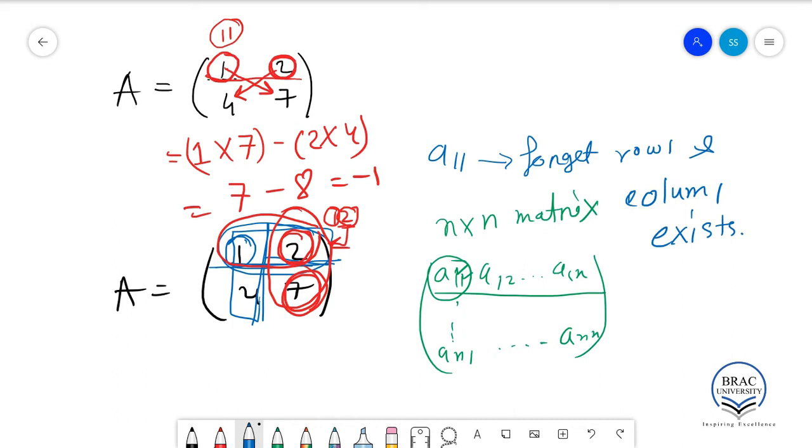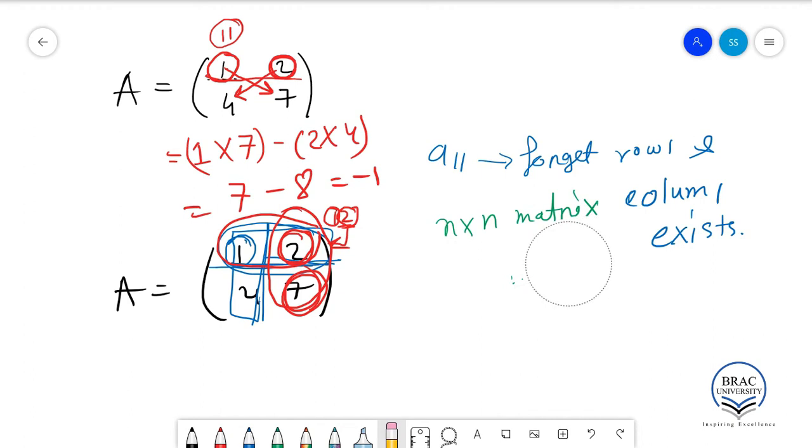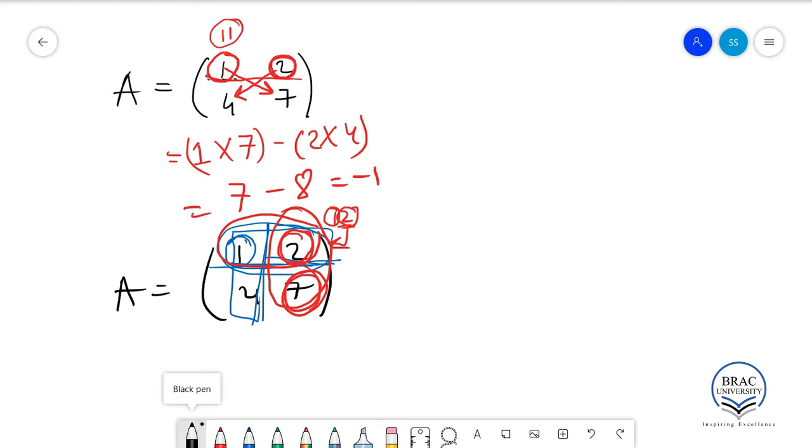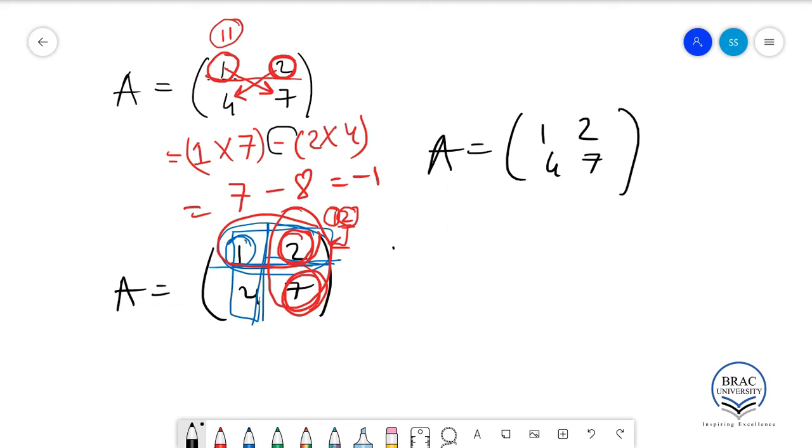Returning to our 2x2 example, because we will deal with some more examples, you can then go on and compute n cross n. In general, this is a very long computation if you want to do it by hand. So again, let me write my matrix A: 1 2 4 7. The first step is to forget about the rows and columns. But you might ask, where is this minus sign coming from?